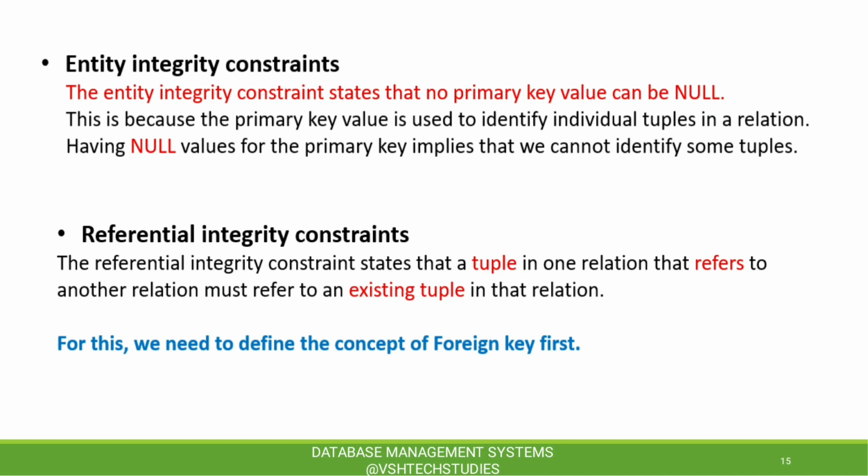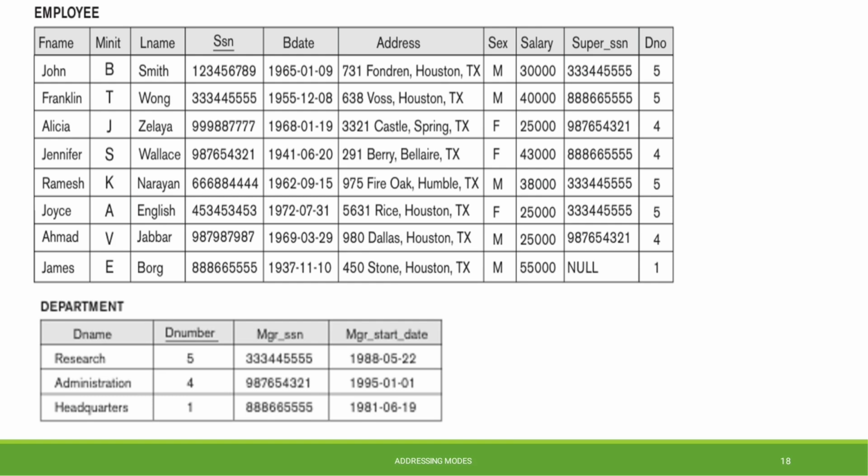Next, the fifth and the last constraint under schema-based or explicit constraints is referential integrity constraints. The referential integrity constraint states that a tuple in one relation that refers to another relation must refer to an existing tuple in that relation. For example, if you consider two relations, employee and department.